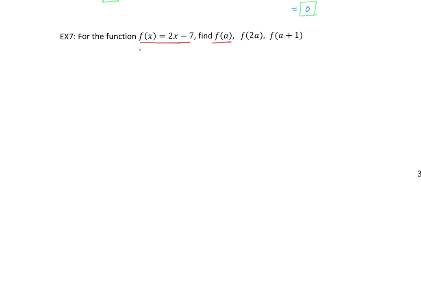So this function, f of whatever I put in, is equal to 2 times whatever I put in minus 7, which means that f of a is equal to 2 times a minus 7, which is simply 2a minus 7.